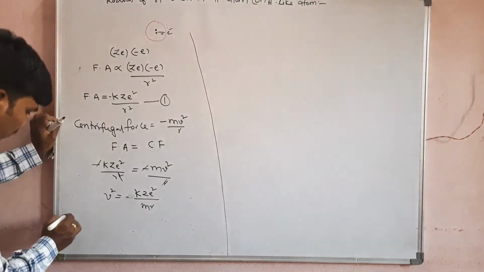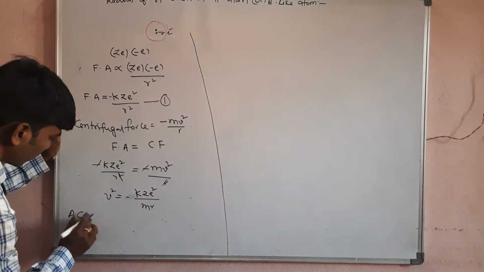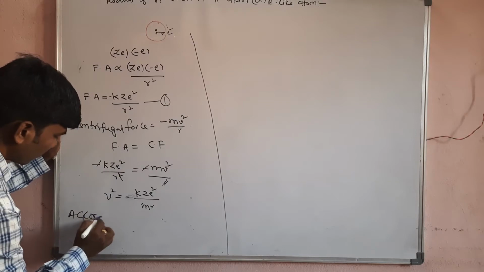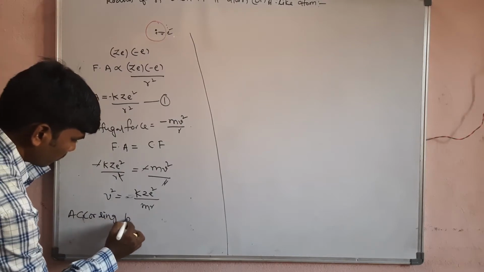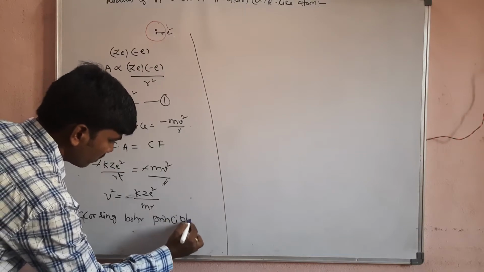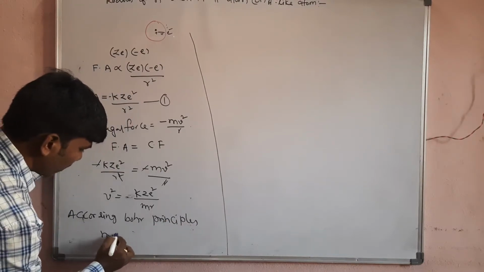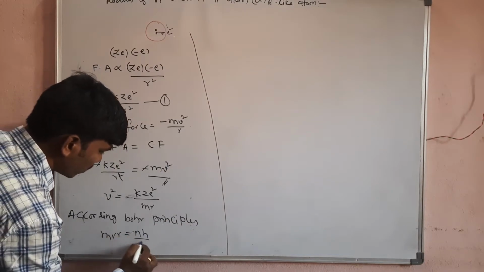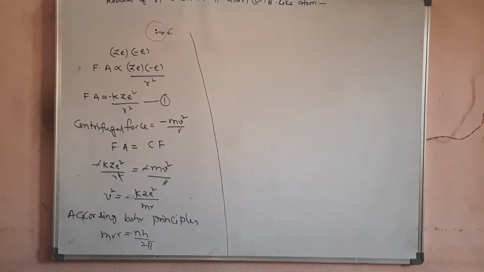According to Bohr's principles, we know that angular momentum mvr is equal to nh by 2 pi.